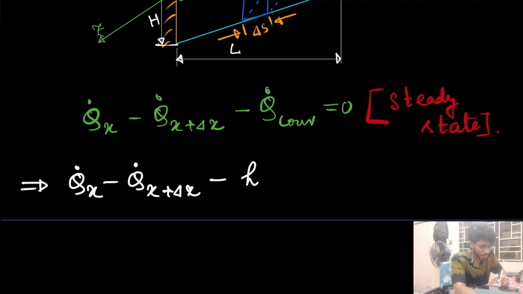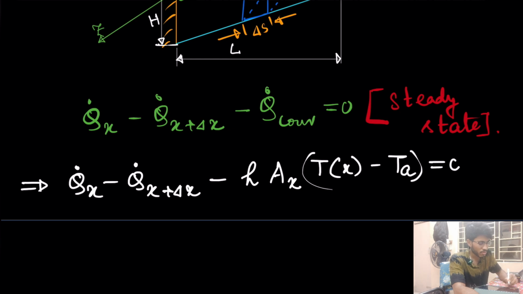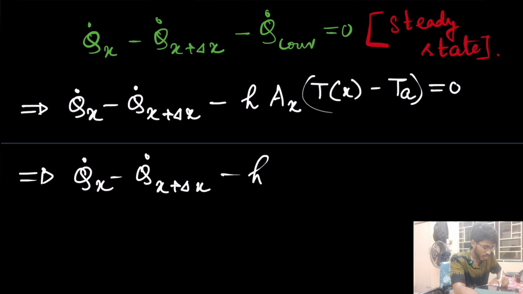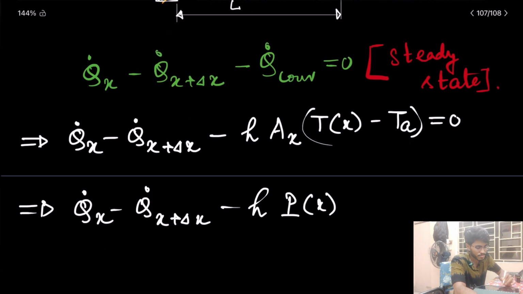So this will be h into area into T at position x minus T ambient, equal to 0. Let me write the area now. This will be perimeter P of x into delta x or delta s. So be very careful, I am again warning you, this will be delta s, not delta x.